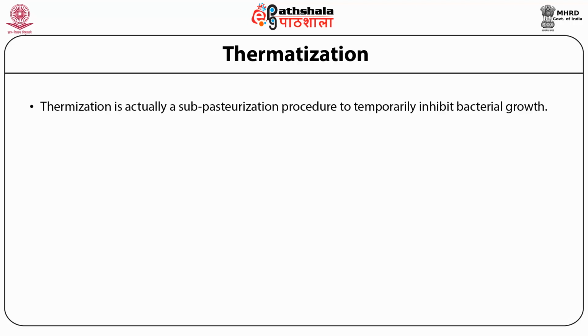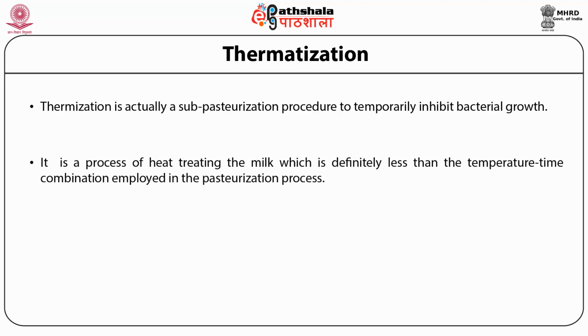Thermization is actually a sub-pasteurization process which temporarily inhibits bacterial growth in the milk. It is a process of heat treatment in which temperature and time combination is less than pasteurization process.